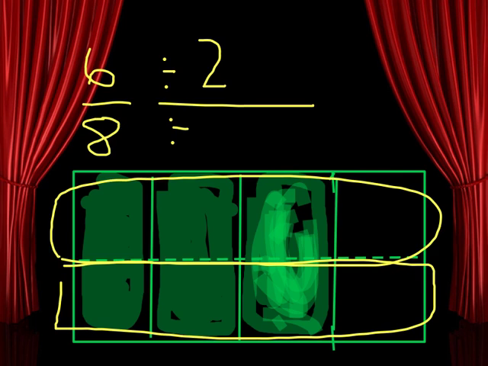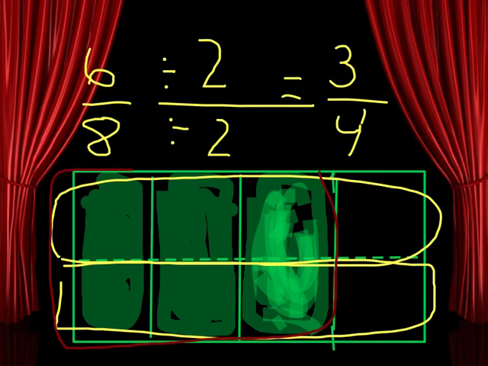Therefore, I'm going to divide this by 2. 6 divided by 2 equals 3. 8 divided by 2 equals 4. And it's curious, if we look at this, 3/4 of this model is being used. That would be the answer. You can move on to the next slide.